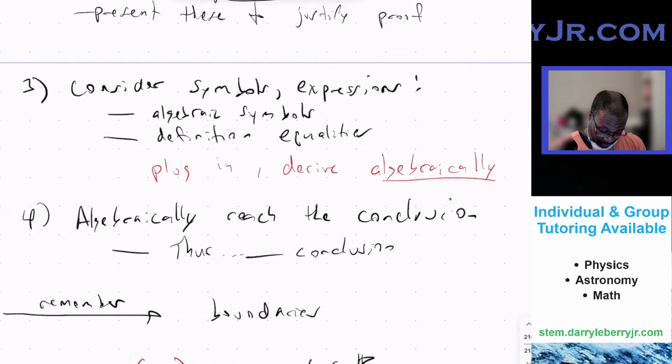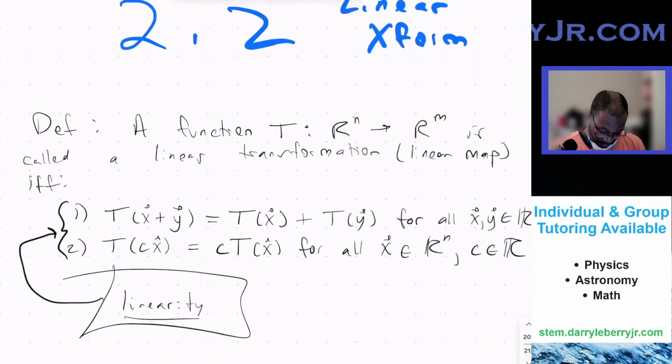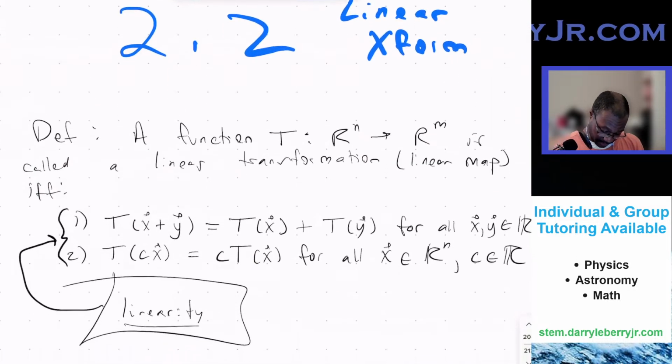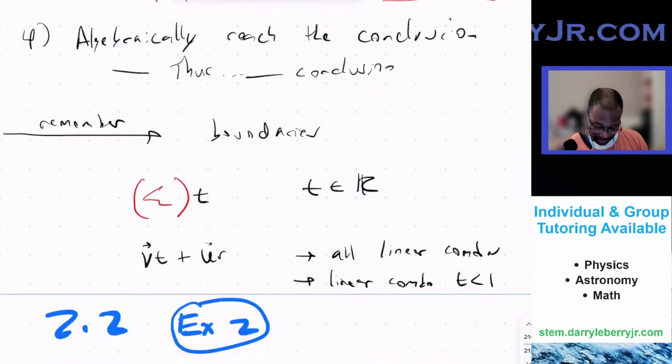So linearity is at the beginning of 2.2. The scalar can be pulled out and the sum distributes.